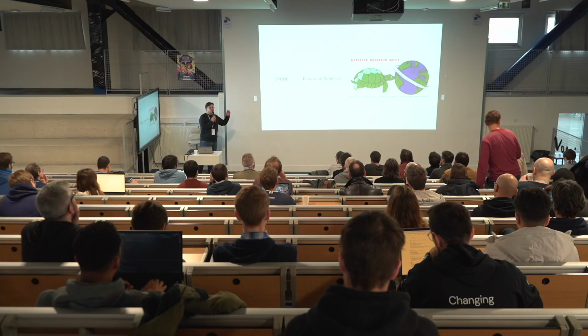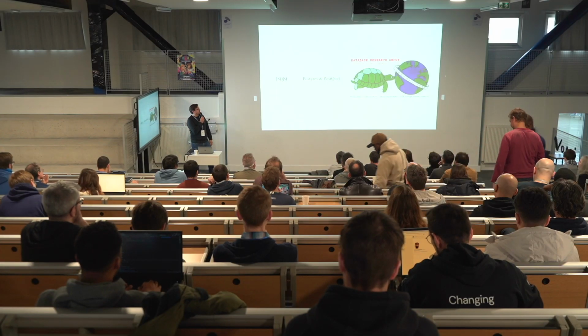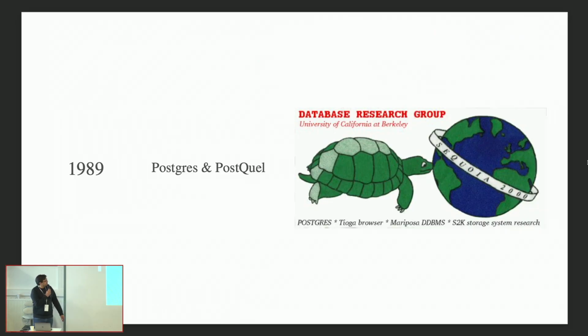So the Ingres project finished, and a scientist at UC Berkeley called Michael Stonebraker, who knows Michael Stonebraker? Yeah, I know Olivier. Okay, they began to make a sequel to Ingres.